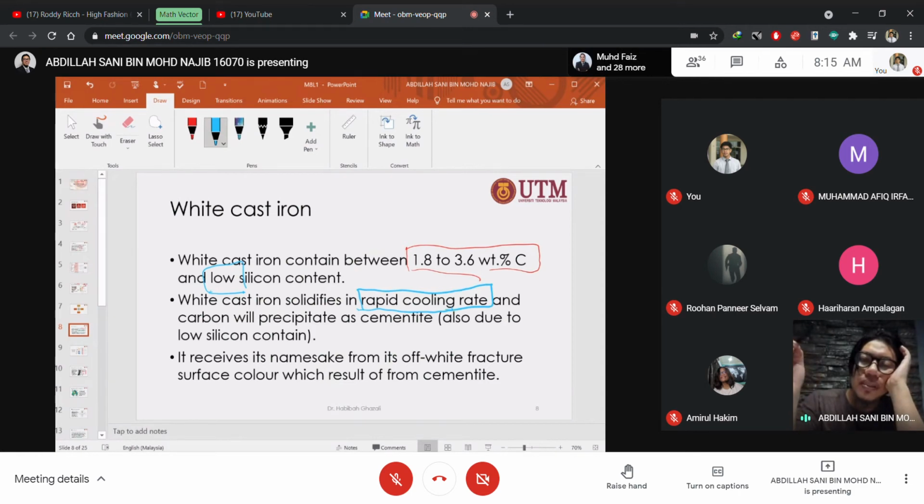And carbon will precipitate as cementite, due to low silicon content. It received its namesake from its off-white fracture surface color, which results from cementite. So this is what we will see afterwards.